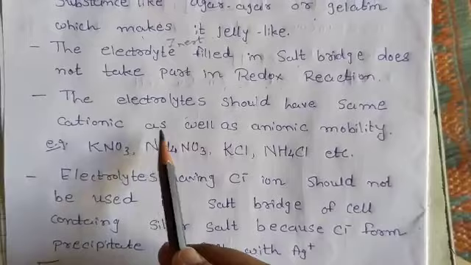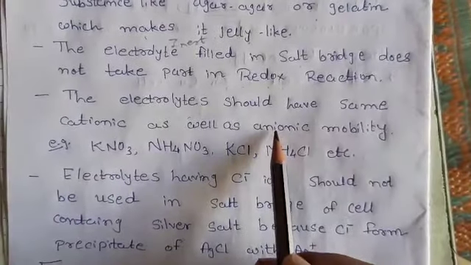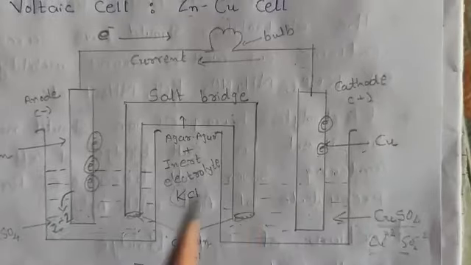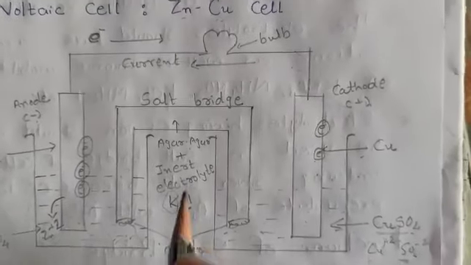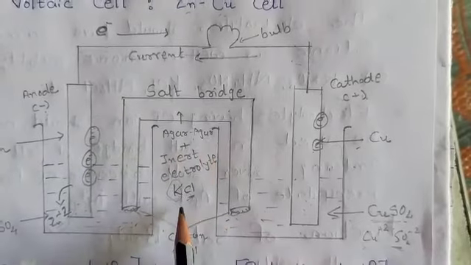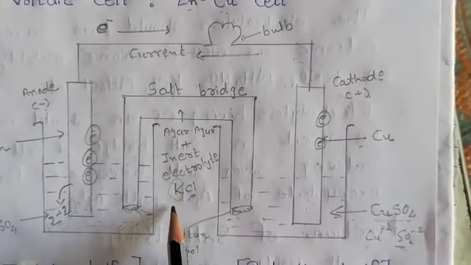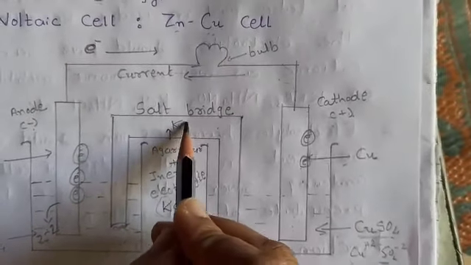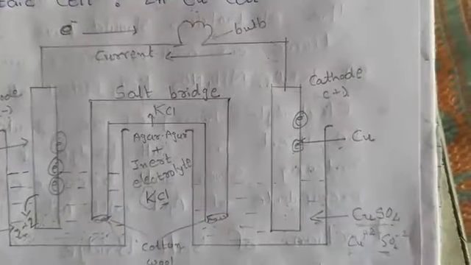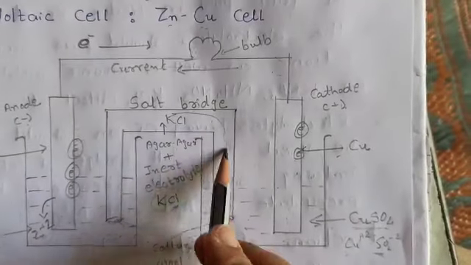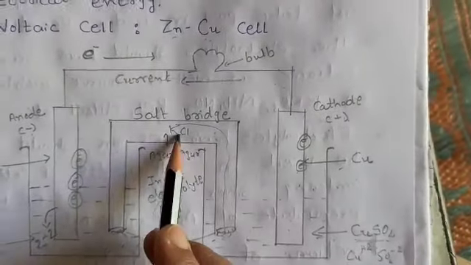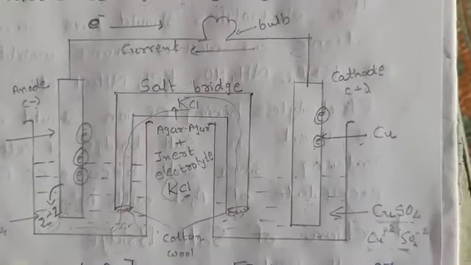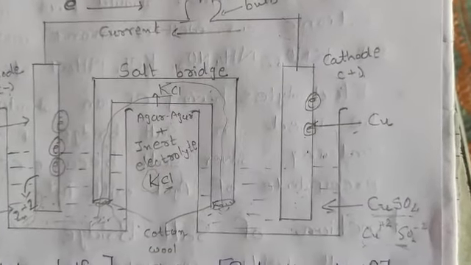Because we have to use that type of electrolyte which does not participate in the redox reaction, right? The electrolyte should have the same cationic and anionic mobility. Same cationic and anionic mobility means, we discussed that for electrical neutrality, this electrolyte provides the cation and anion. If here is KCl solution, K goes to this side of the solution and Cl goes to this side of the solution, right?